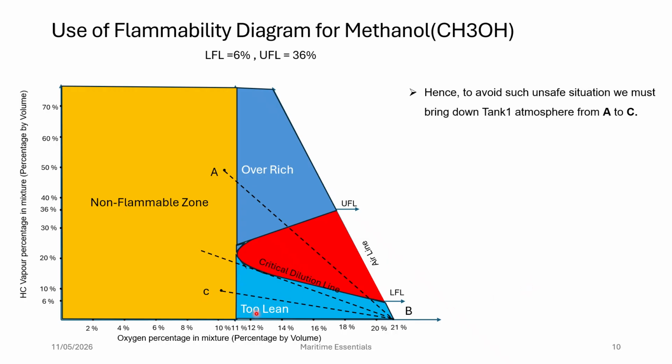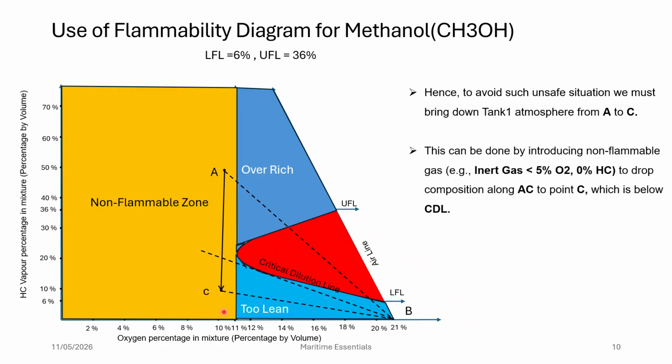Now as a chief officer, to avoid the unsafe situation, you need to bring the tank 1 atmosphere down from A to C. How do you do that? On board ship, we do it by introducing non-flammable gas, like nitrogen or other inert gas.